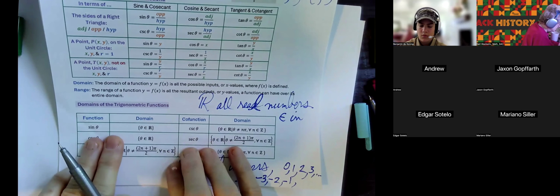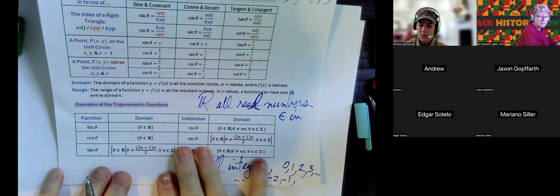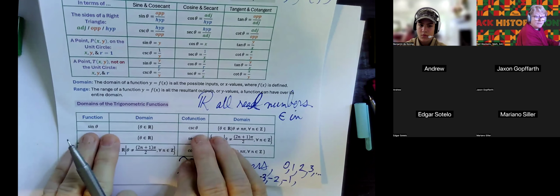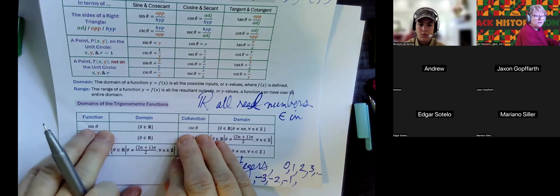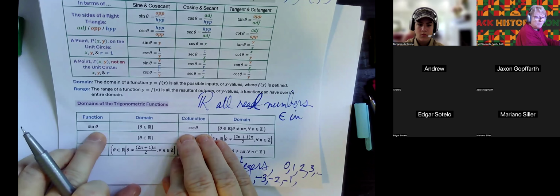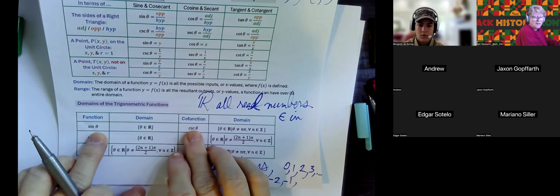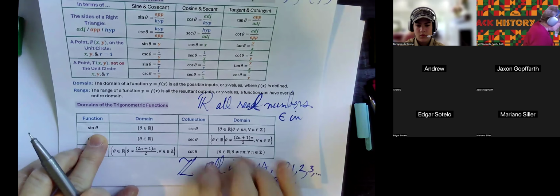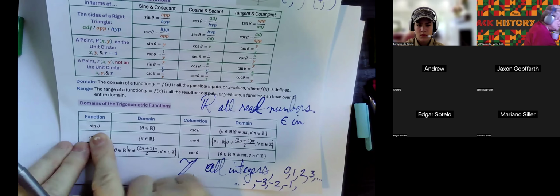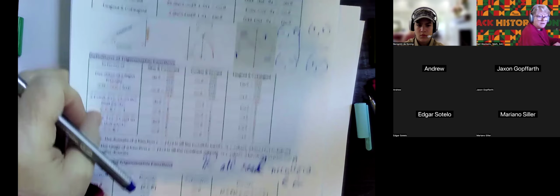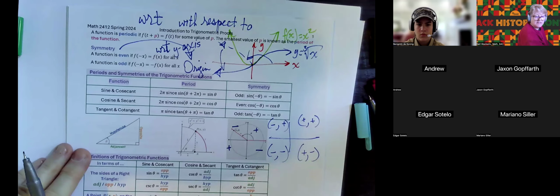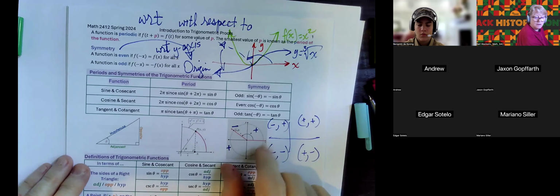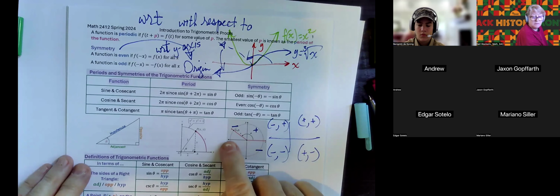So let's look at cosecant and secant. For cosecant, every single place that the sine is 0, cosecant will be undefined because cosecant is 1 over sine. Well, sine goes with y, and y is 0 on the x-axis.